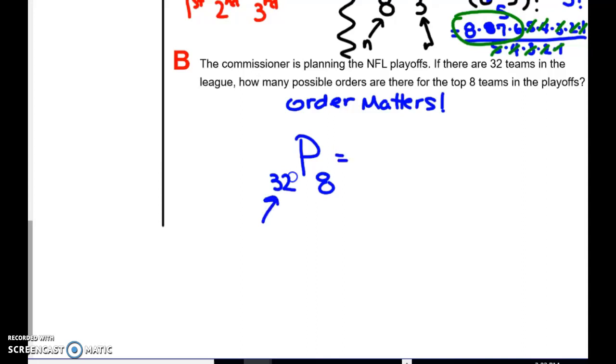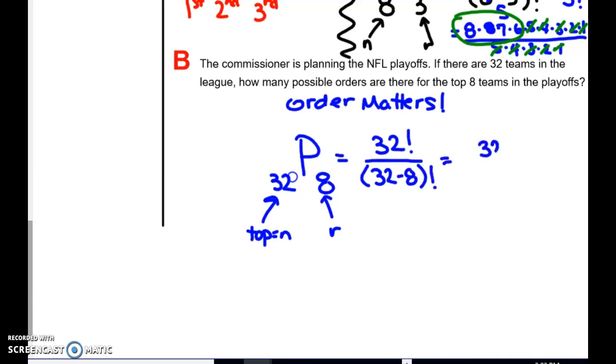On top again is our n number, 32 factorial. On the bottom, we subtract the n minus the r, 32 minus 8 factorial. On top, we have 32 factorial, and on the bottom, 32 take away 8 is 24 factorial. You might think that this is a lot of numbers to write out. You can also use your calculator.